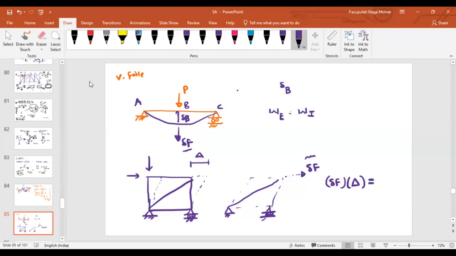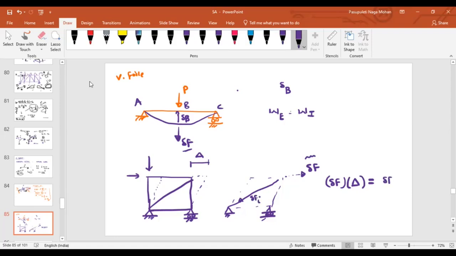That will be equal to the following: as the members are connected, each member is going to deflect. Because of this virtual force, forces will be generated in the members, which I will consider as delta Fi.